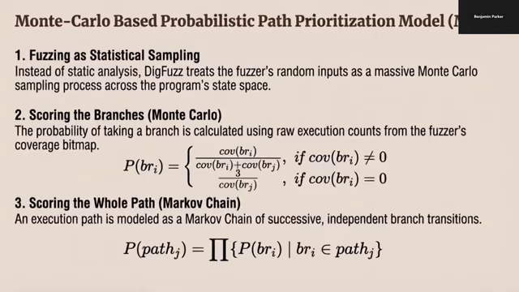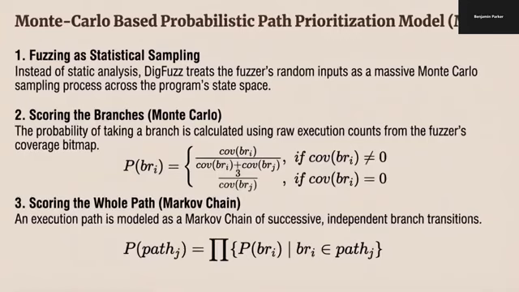So now that every branch has a possible score, to score an entire path, DigFuzz models the execution trace as a Markov chain, with each event influencing the next. Because each branch decision relies on the previous state, finding the probability of an entire execution path is straightforward.